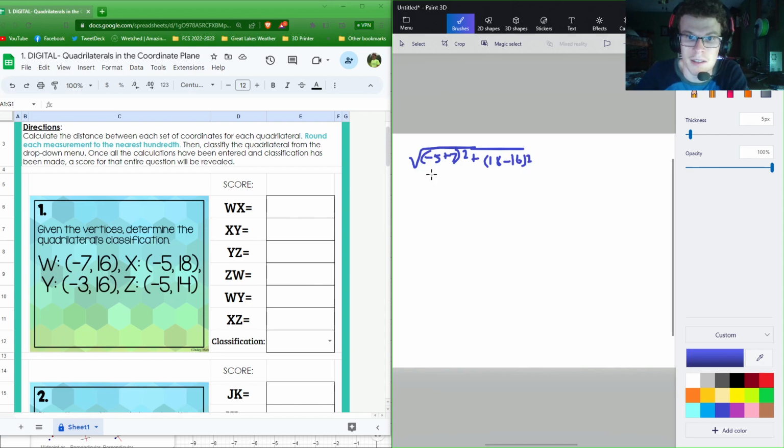Okay, so calculating that, I wind up with 2 squared plus 2 squared, 4 plus 4, which gives you square root of 8.